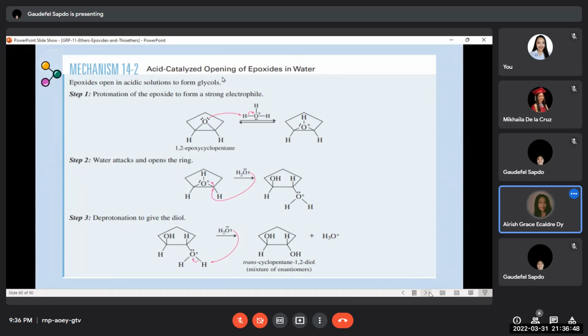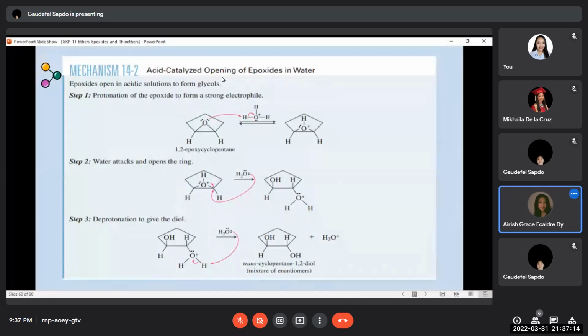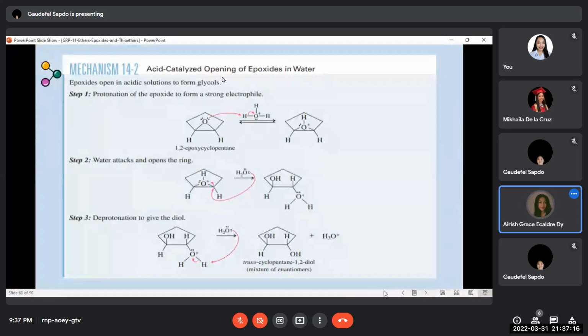So step 2, water attacks and opens the ring. Because the H3O plus, or conjugate acid of water, is now H2O, which is water, it will attack along the way to the oxygen and open the ring. So step 3, deprotonation to give the diol.